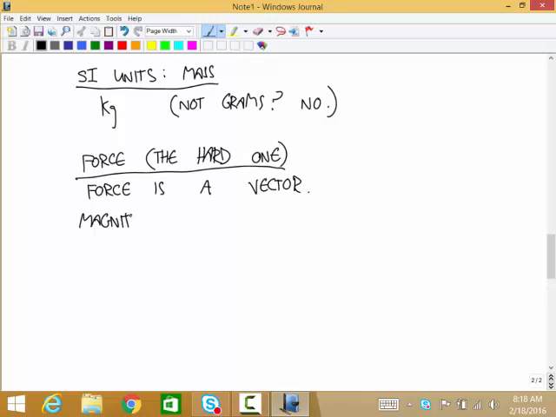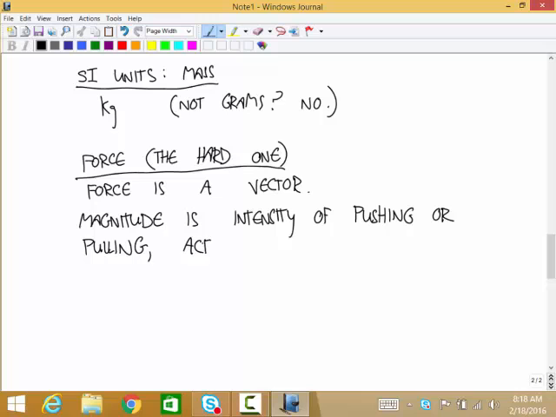The magnitude is a measure of the intensity of pushing or pulling. And since it's a vector, it also acts in a direction. So when we do calculations involving forces, we have to be able to calculate the magnitude and we have to be able to calculate the direction.